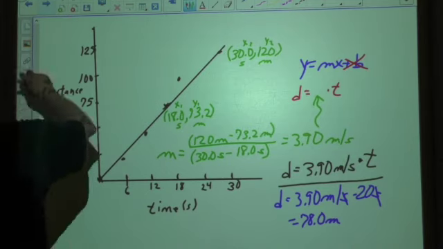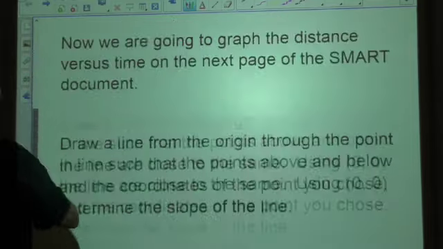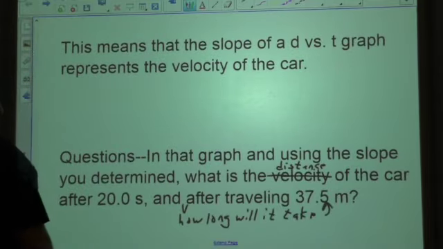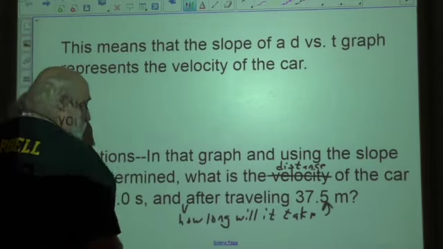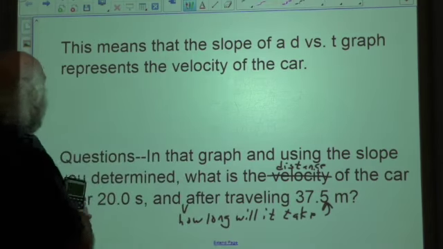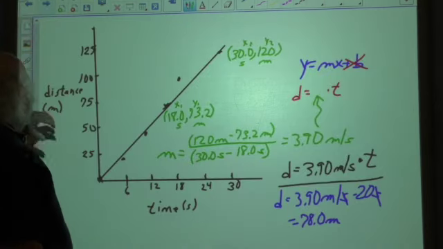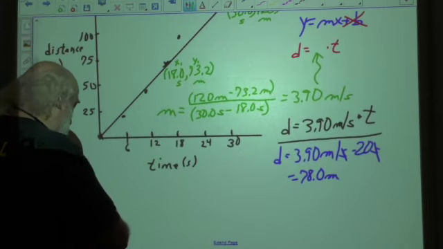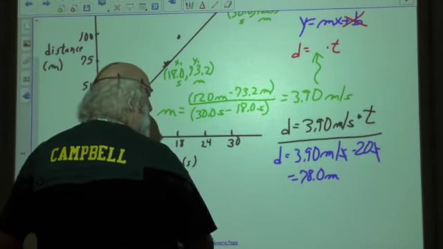Okay? Go back to the problem and do the second part, and that is how long is it going to take to travel 37.5 meters. Okay, so go back over there. I'll use a different color for this, I'll use red.